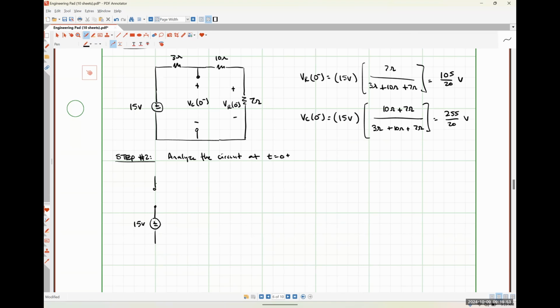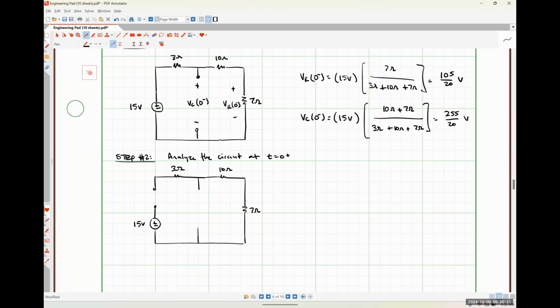So our switch is open. Here's our 3 ohm resistor. We'll talk about what the capacitor is doing in a second. Here's our 10 ohm resistor. Here's our 7 ohm resistor. And then our capacitor is here in the middle.